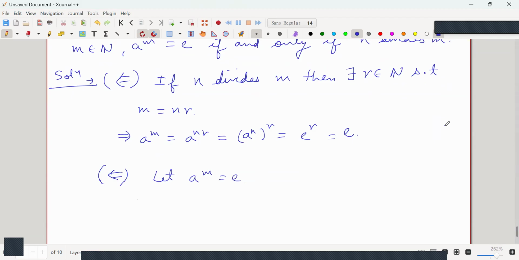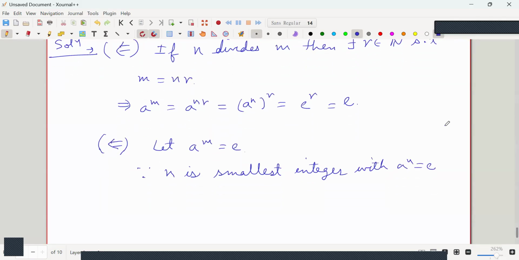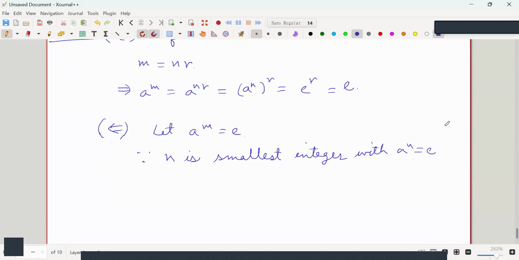Now since n is the smallest integer with a^n equal to identity, this implies that m is of course greater than or equal to n, right? Because n is the smallest integer for which this holds.